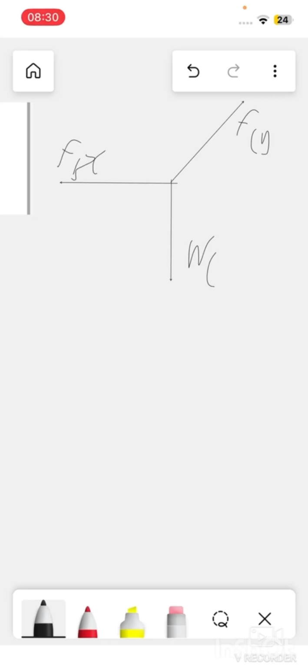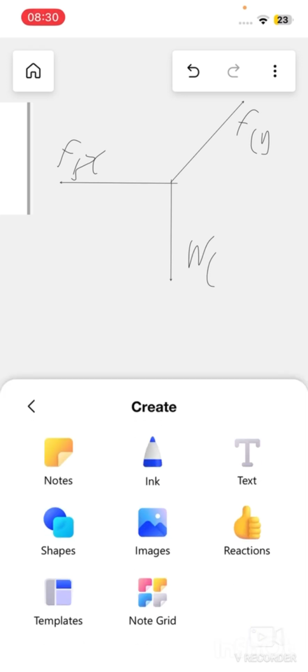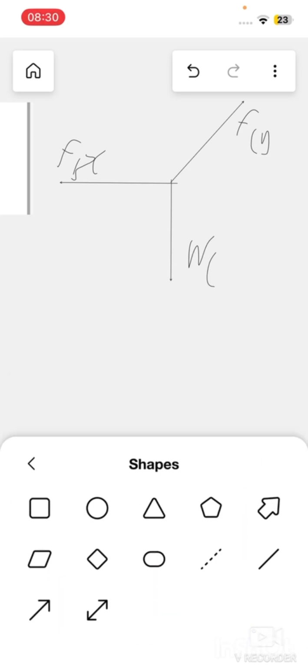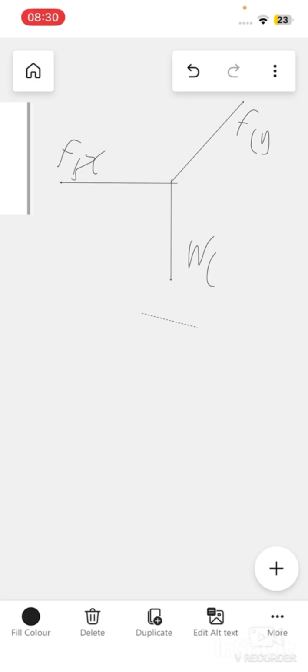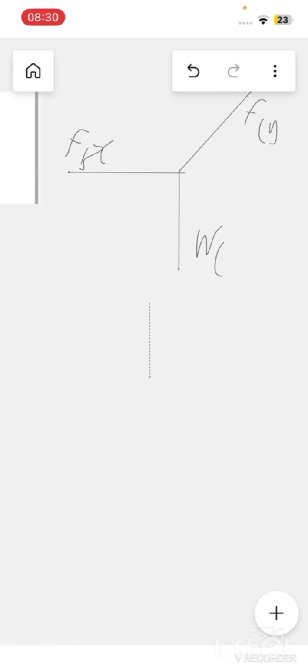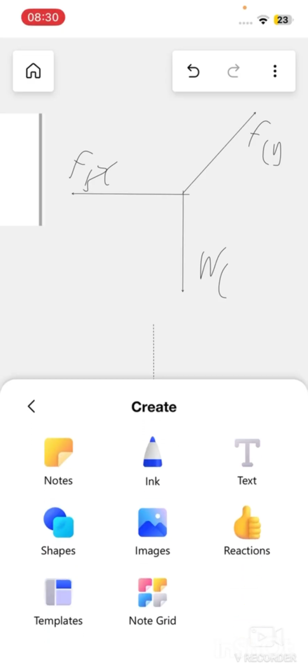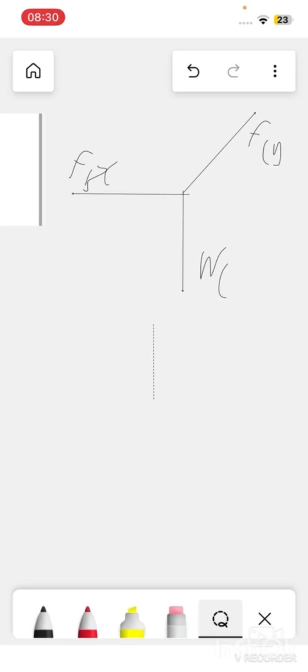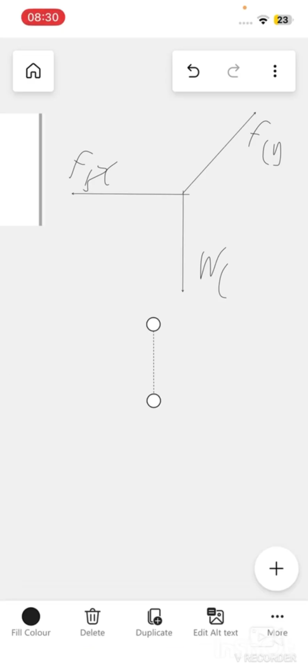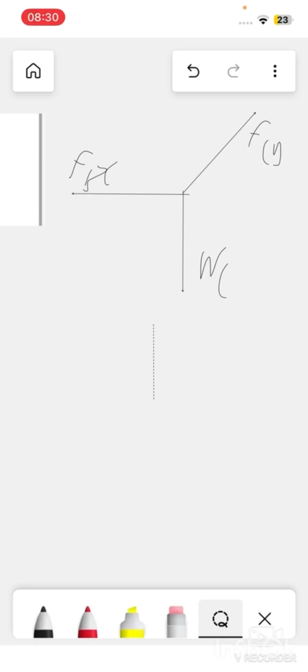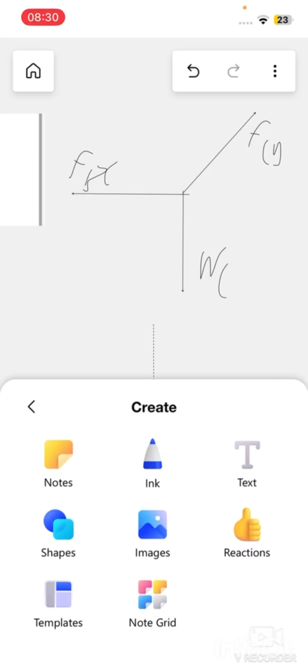We're going to go to the vertical and horizontal components.